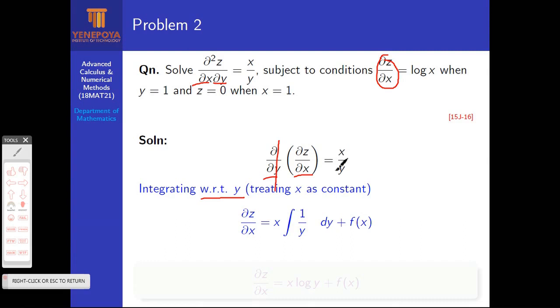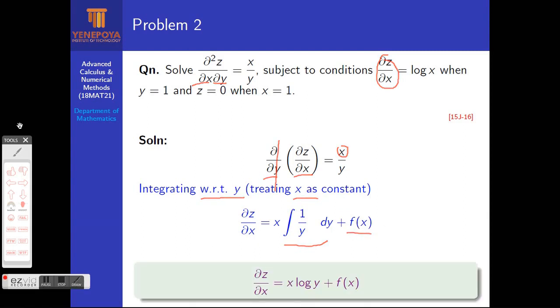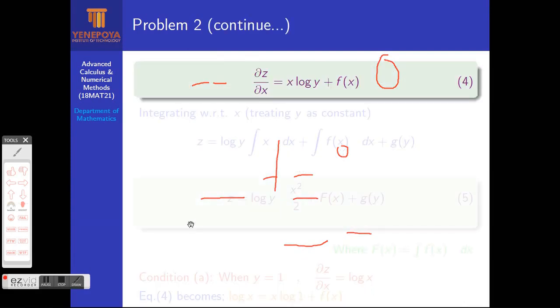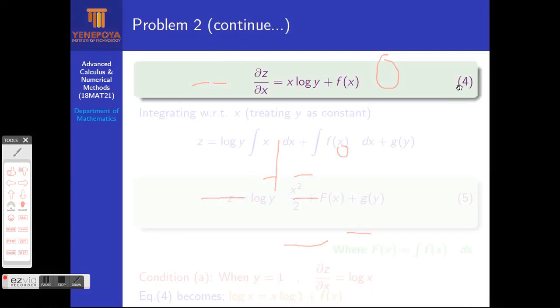So you will get ∂z/∂x is equal to x is constant times integration of 1 by y dy plus the integration constant, it is function of x, that is f of x. Then ∂z/∂x is equal to x into integration of 1 by y, that is log y, plus f of x. I'll take that as equation number 4.